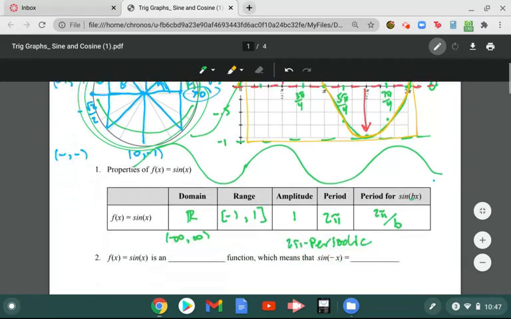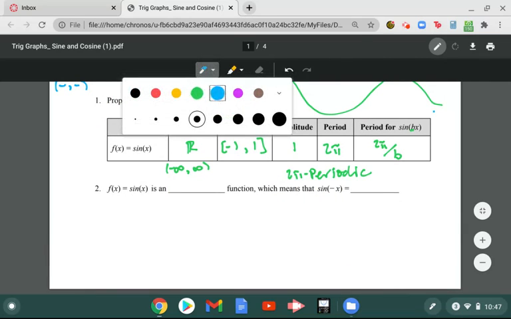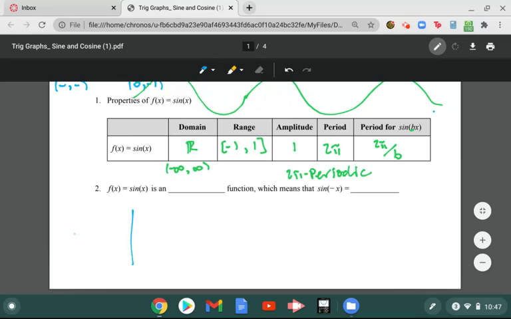Okay, number 2. Sine is either an even or an odd function. Let me go ahead and draw sine out in both directions. So here's one period, between 0 and 2 pi, 2 pi to 4 pi, and so on. And if I were to go negative with this, it would look exactly the same. So what we have here is an odd symmetry.